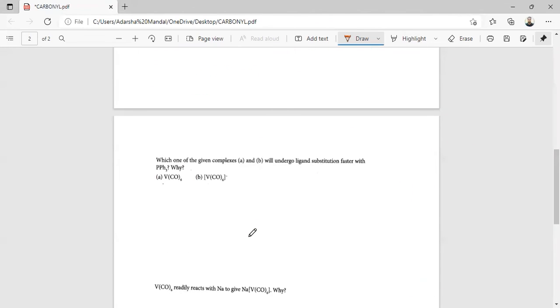The next problem is: which one of the following given complexes undergoes ligand substitution reaction faster with PPh3, and why?